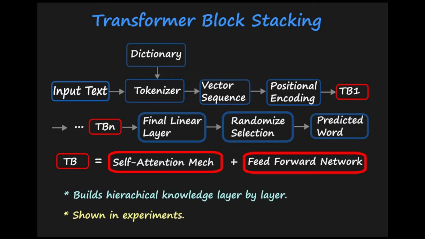Higher level layers capture abstract, global or conceptual patterns, for example, the topic of a sentence, semantic meaning, and reasoning signals. So there is a hierarchy of learning in these decoder transformers. It builds hierarchical knowledge layer by layer, and this has been shown in experiments to be true.